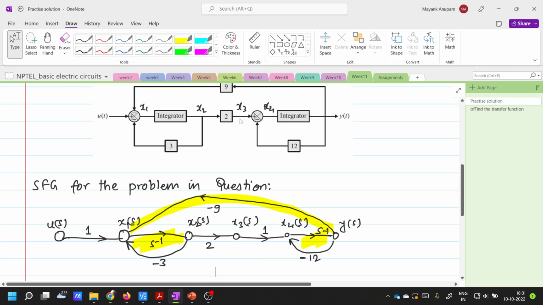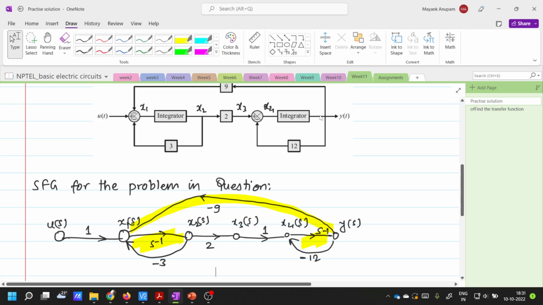Similarly from x3 to x4, you see there is an addition here, but x3 is directly added here with a simple factor of 1. So I have multiplied it with 1 here, okay? x3 is multiplied by 1 and added to this node x4.